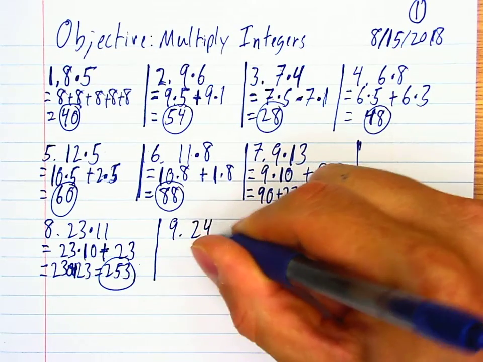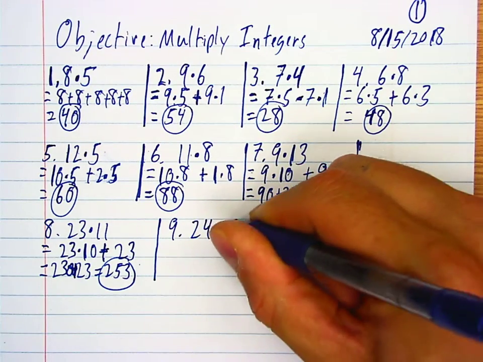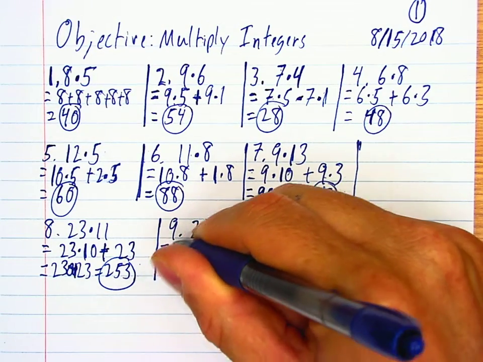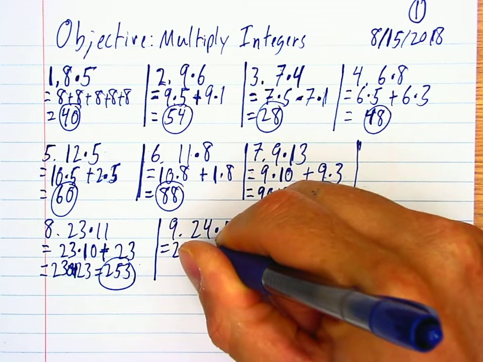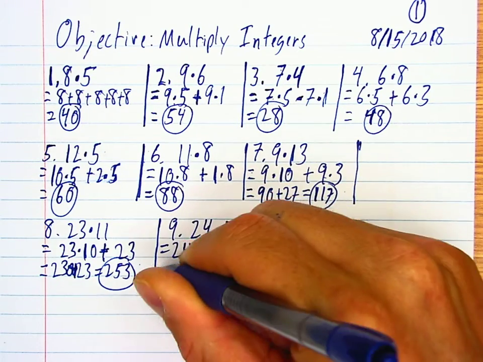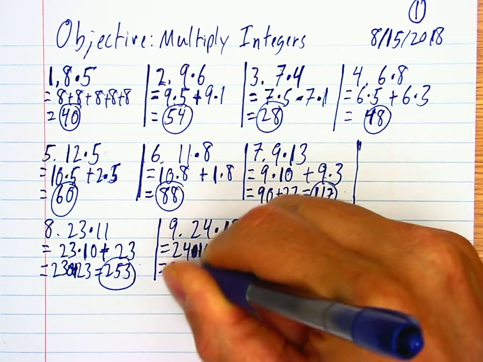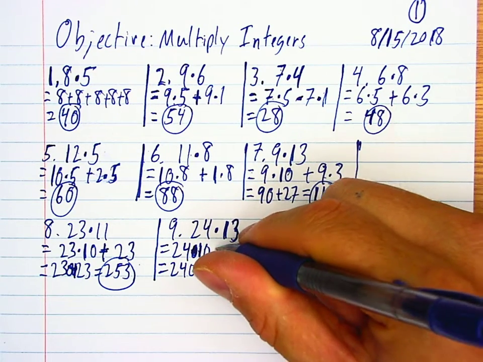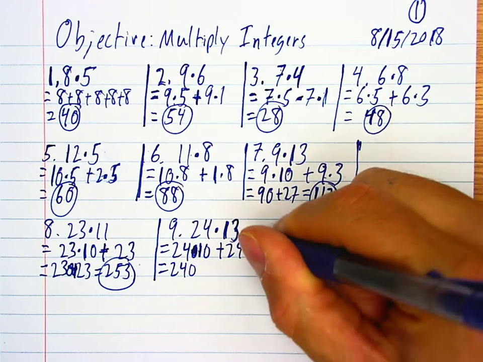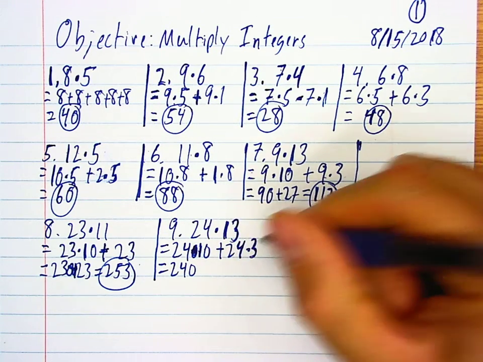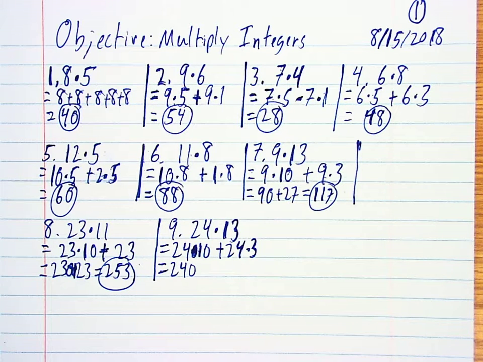All right, 24 by 13. Again, I would break this up into tens. So I would say this is 24 times 10. And I put 240 there because that's what 24 times 10 is. 240. So there's 10 of my 24s, and then I have 3 more to add to that. 24 times 3. So this here now I can break up again if I want into smaller numbers from the 24.